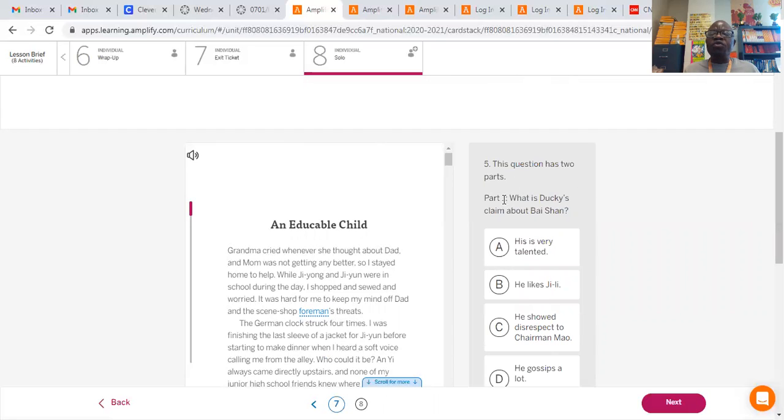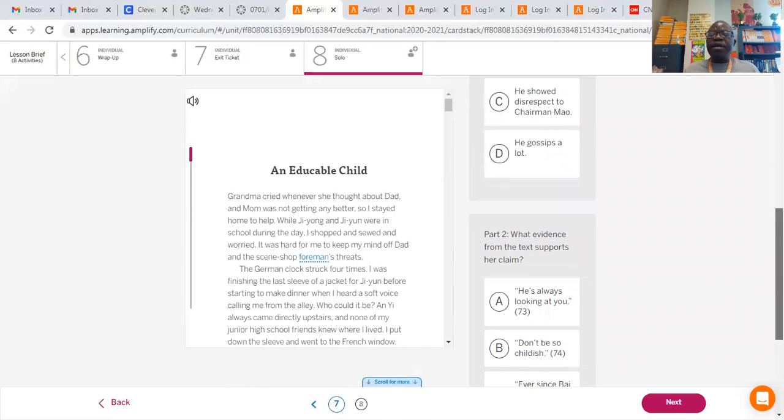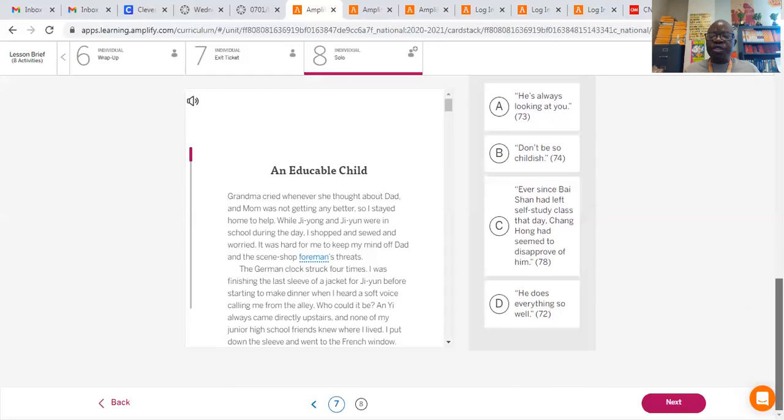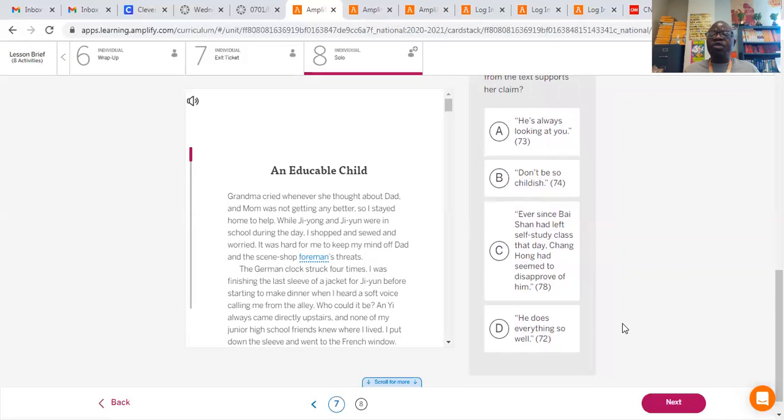This question has two parts. Part 1, what is Dak's claim about Bai Sham? These are Chinese names. And then part 2, what evidence from this text supports her claim? You still have the answers, then choose the correct answer.